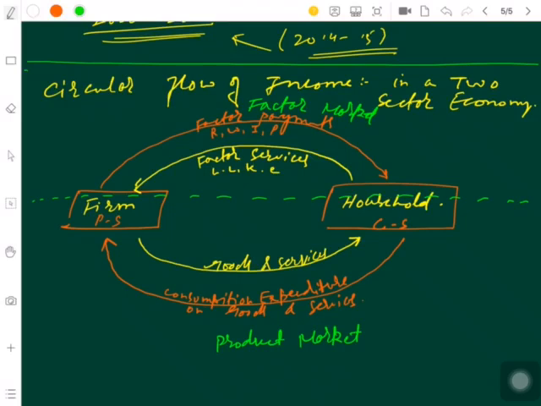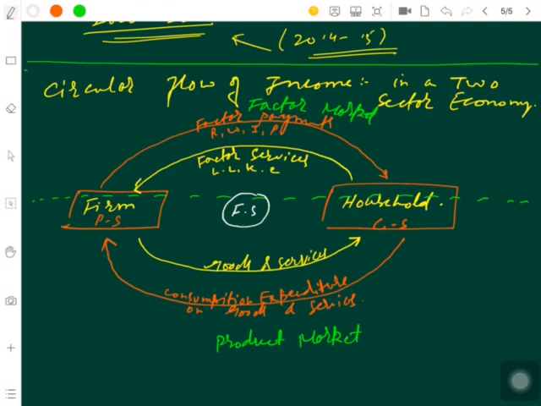You can include many things into this very concept. But for better understanding I'll put one more sector in between these two, that is the financial sector or the banking sector. I'll call it financial sector. So with this financial sector, both the firm as well as the household will have some things to give and some things to take from it.